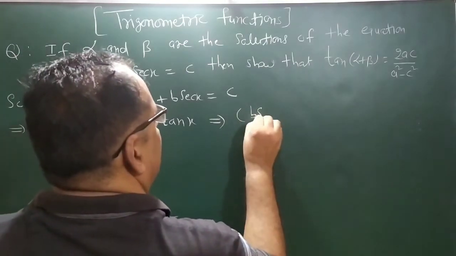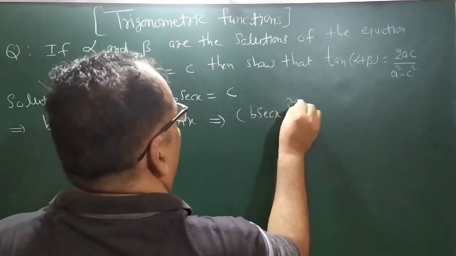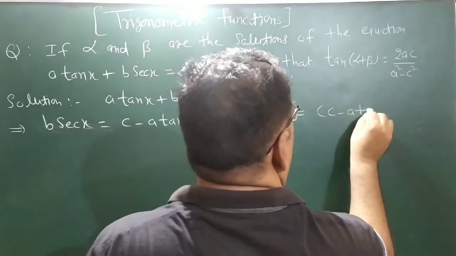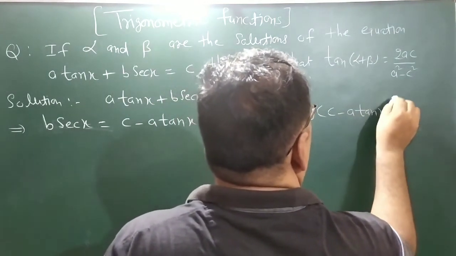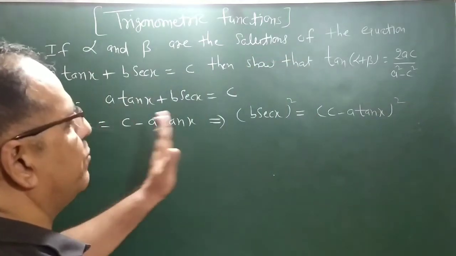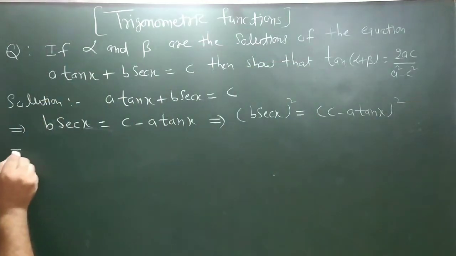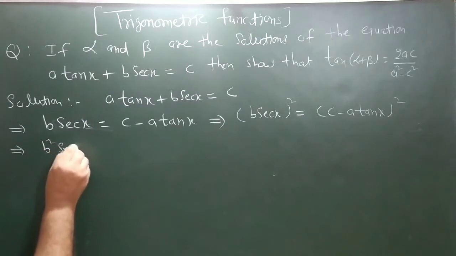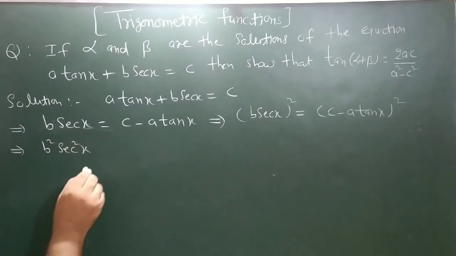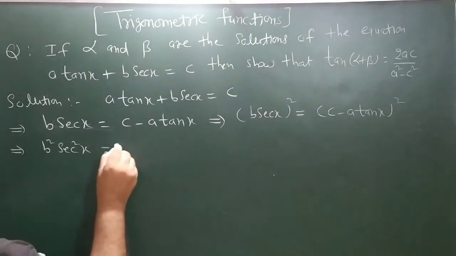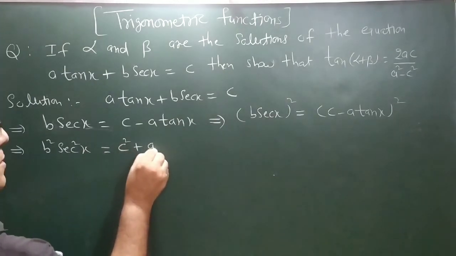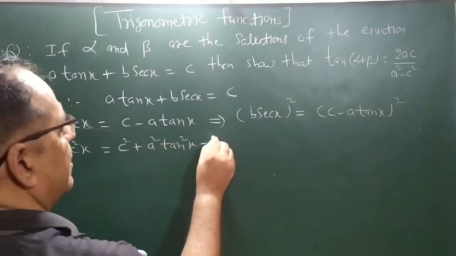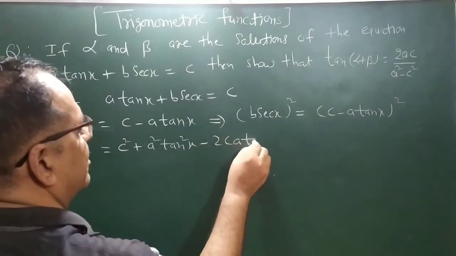Again, b sec x whole square equal to c minus a tan x whole square. Here squaring both sides. Now if you open the square, we have b square sec square x equal to, open the whole square in the right hand side, c square plus a square tan square x minus 2ca tan x.